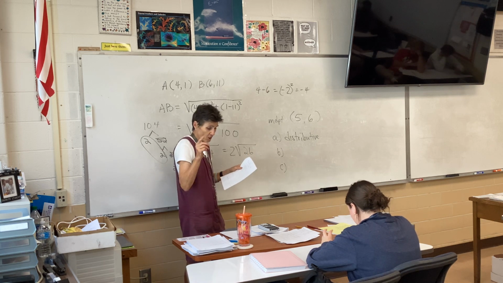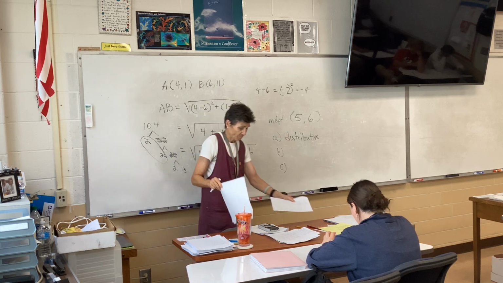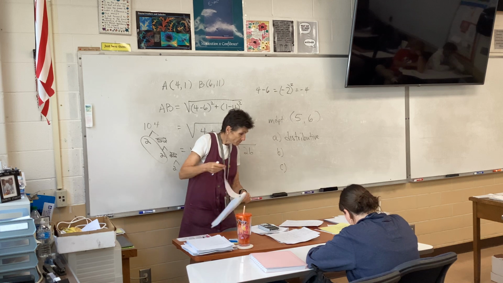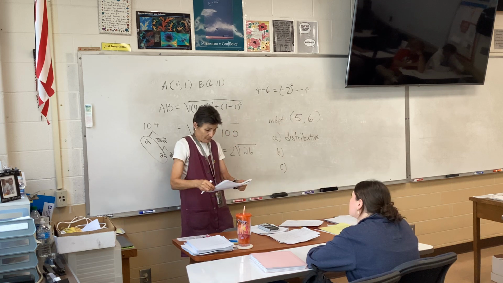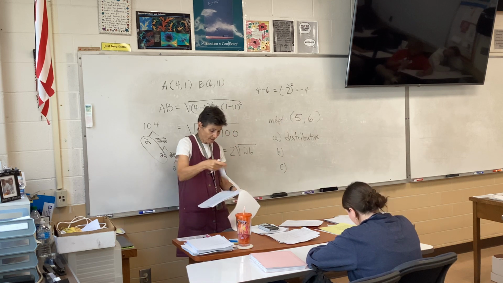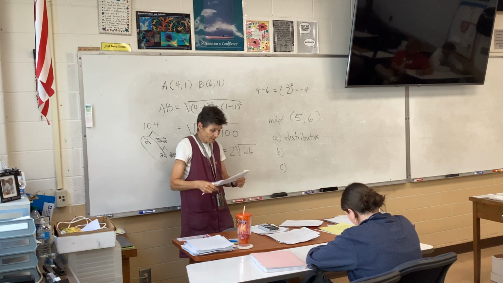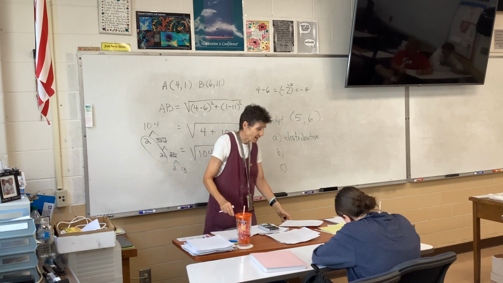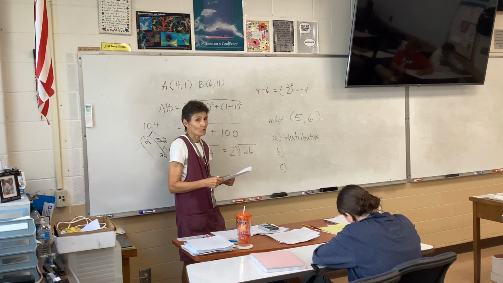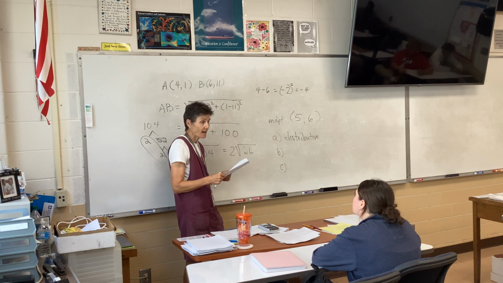All right, Jacob? B is associative. Well, commutative. It looks associative. What's going on in B, guys? The order changes. Does everybody see that?